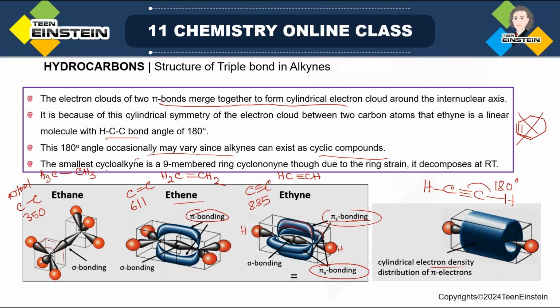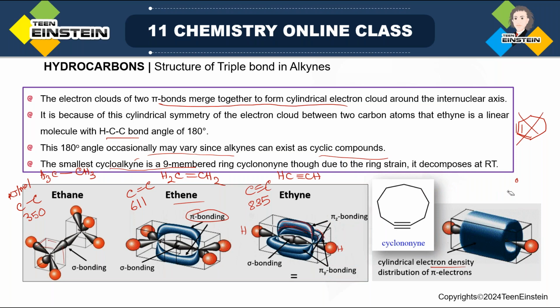Now, the smallest cycloalkyne, that is the smallest ring size which is found, is a 9-membered ring. 9 carbon atoms are there, and it's called cyclononyne. See, this is the structure. Though this is the first cycloalkyne possible, starting from 9 carbons, you cannot have any CC triple bond inside the ring for 8 carbons or 7 carbons. Even in this structure, this angle is not 180 degrees, it is less than 180 degrees.